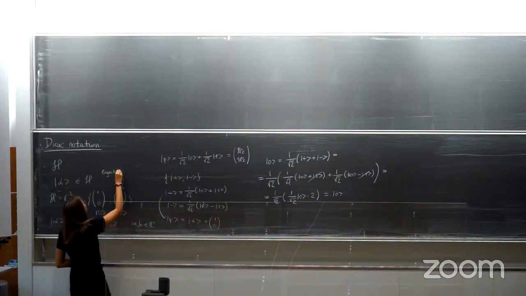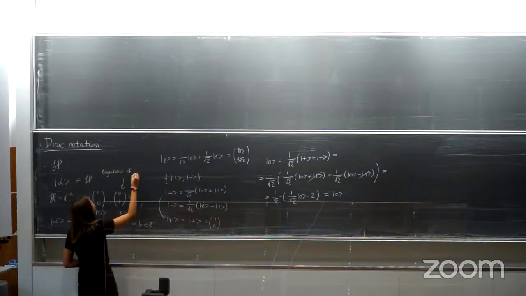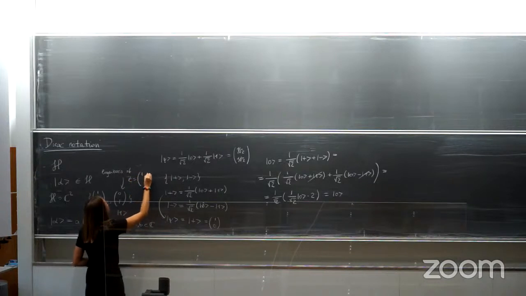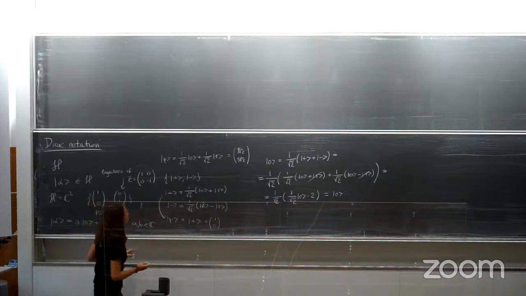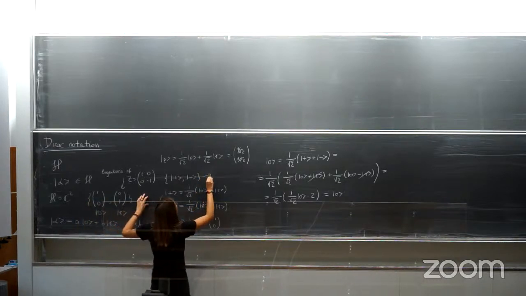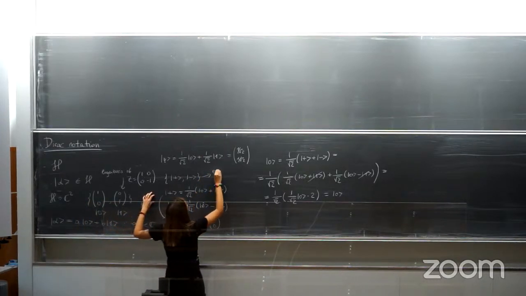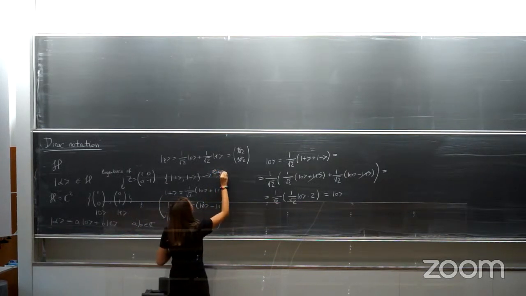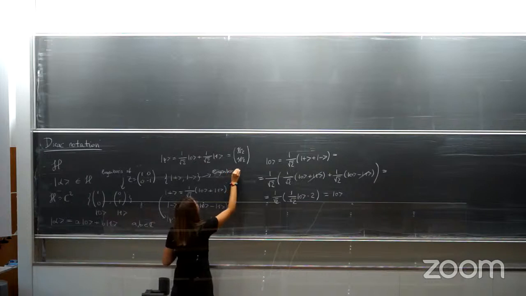This is the eigenbasis of the Z gate or Z operator, but we haven't gotten to the operators yet, and this is the eigenbasis of the X operator.